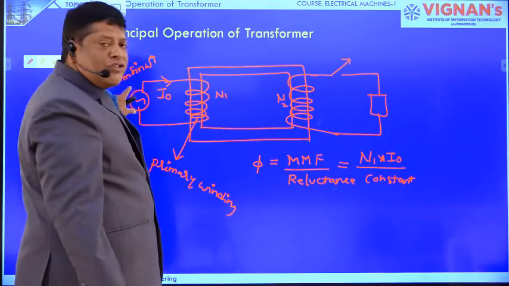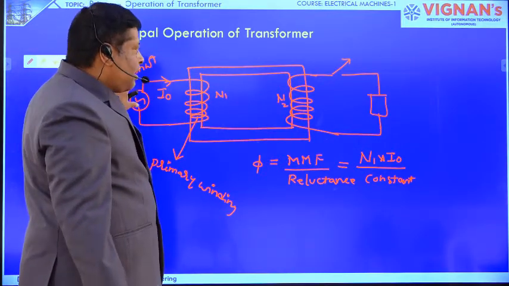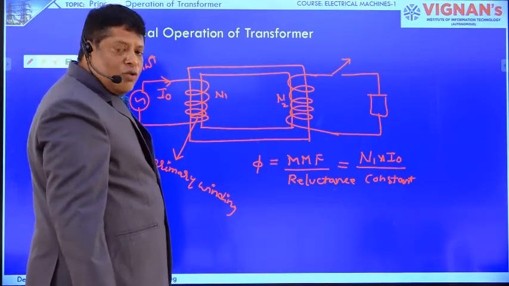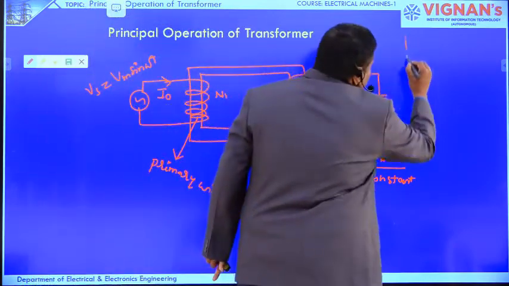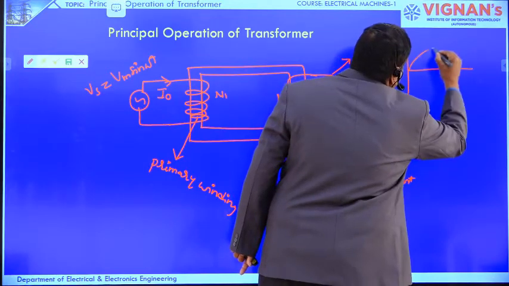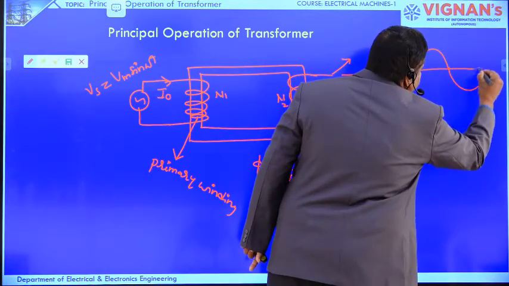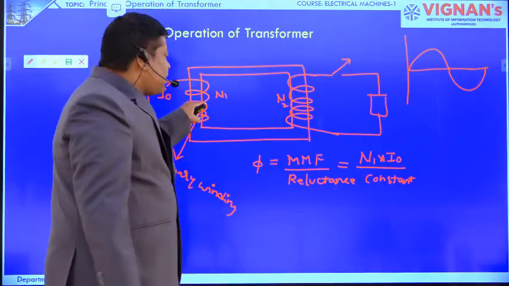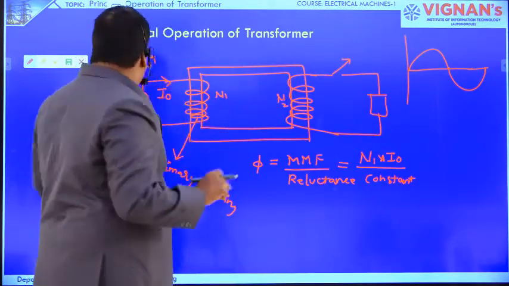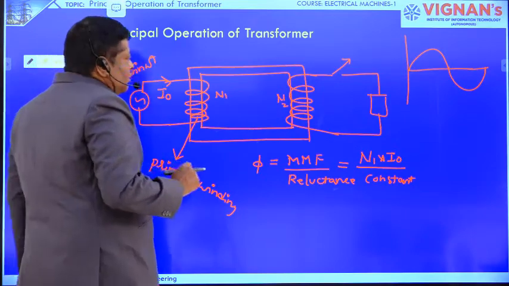Now try to observe here. We are giving a sinusoidal voltage source. If you draw the waveform for the voltage given to the primary winding, this is the sinusoidal voltage waveform. The current drawn by the primary winding is also sinusoidal.